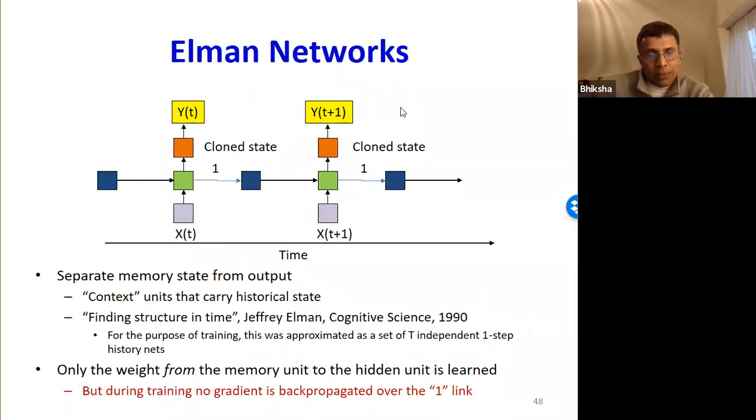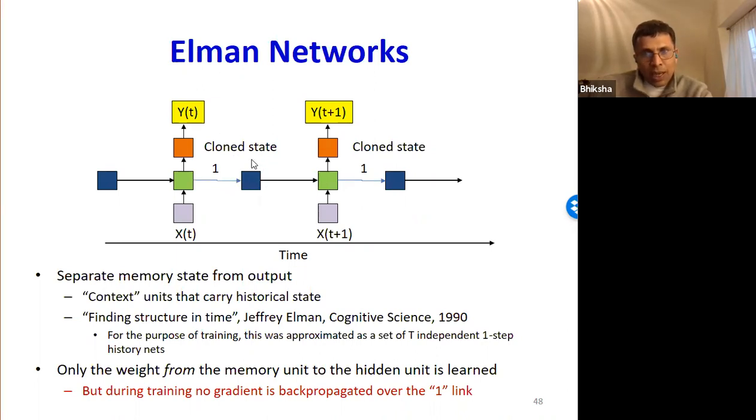So let's try to make a slightly different version of it, and that was this Elman network. Now, this was the one that Scott Fahlman mentioned in his talk last week. Elman networks also use memory neurons. This was produced by Jeff Elman in 1990. Here you have a separate memory state called the context unit, and this context unit is different from the output.